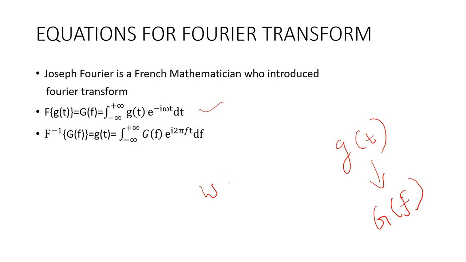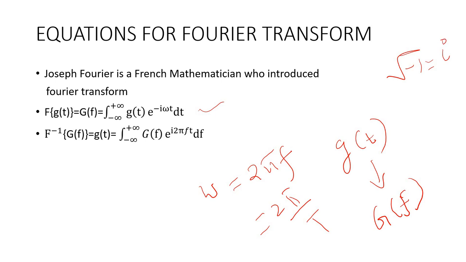I told you the formula for omega is 2 pi f, or you can write it as 2 pi by t as well, because frequency is the reciprocal of time period. So this is the equation, g of t into e raised to minus i omega t. i is the imaginary number, root of minus 1, a complex number.